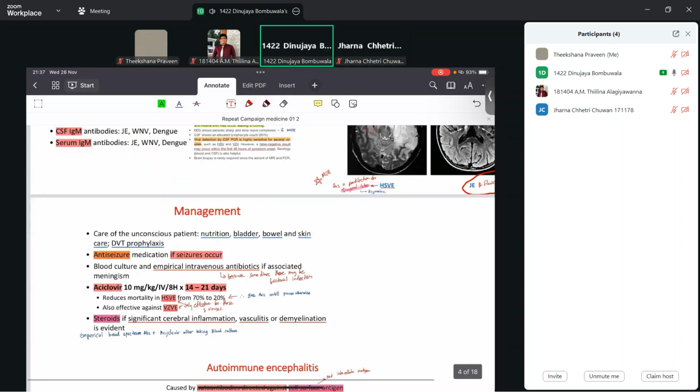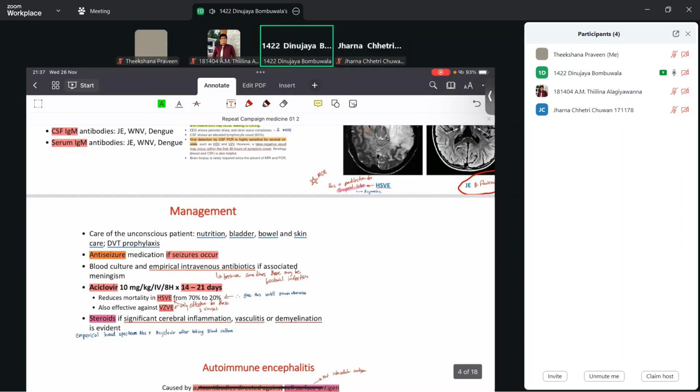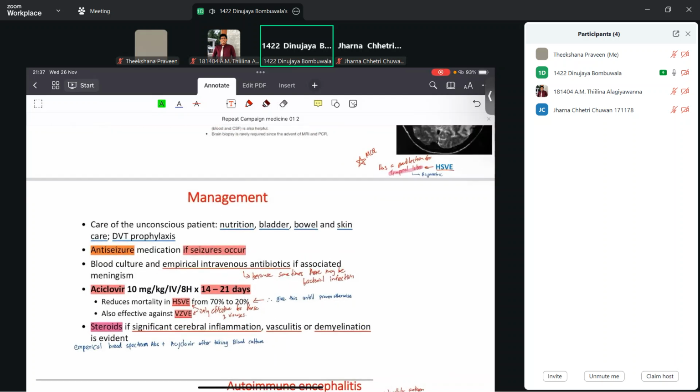In the management, this was asked in our SQ: prophylactic anti-seizure medication was given as something. I didn't write that. So we have to give anti-seizure medications if seizures occur, and empirical intravenous antibiotics plus acyclovir.